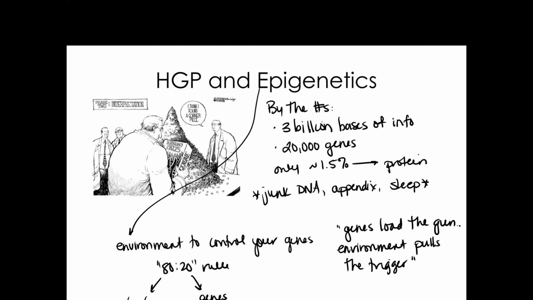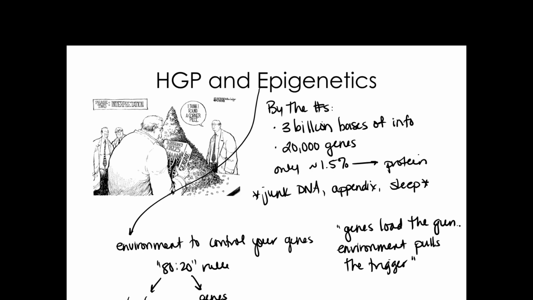I do want you to know a little bit about some numbers for the Human Genome Project. I know these are on your review sheet there. Some numbers to think about: there's basically 3 billion pieces of information in your genetic blueprint. That corresponds to about 20,000 genes, and those 20,000 genes really only represent about 1.5% of the total sequence space.